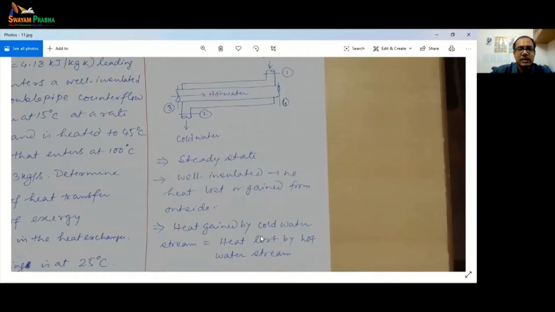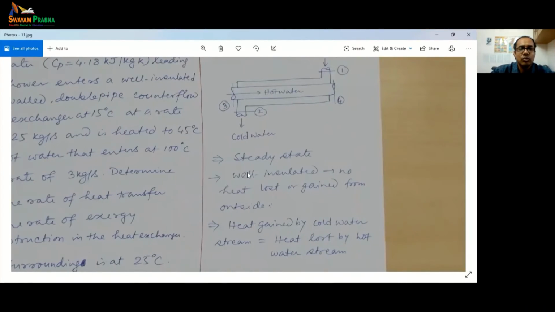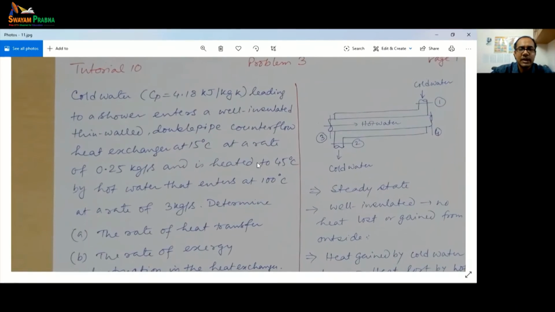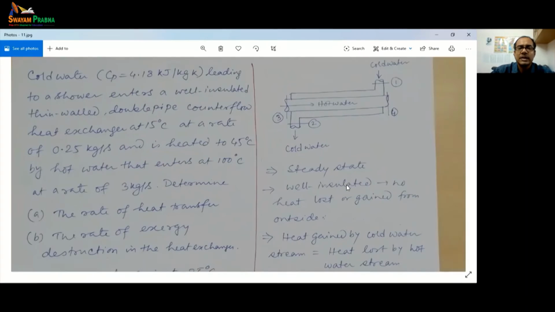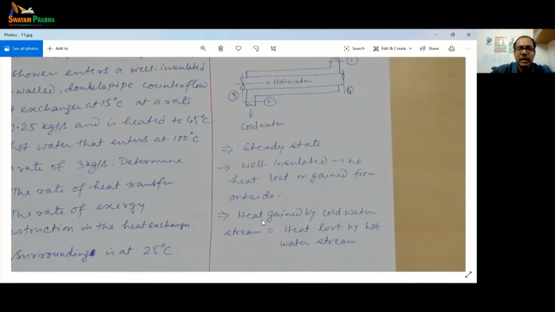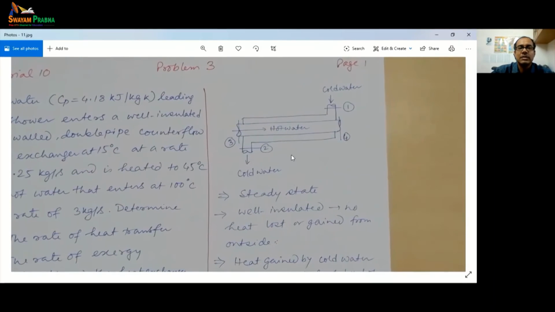Whatever heat is gained by the cold water, that means to go from 15 degrees centigrade to 45 degrees centigrade, everything is coming from the hot water. So heat gained by the cold water stream is equal to heat lost by the hot water stream. That's the energy balance equation corresponding to this system.